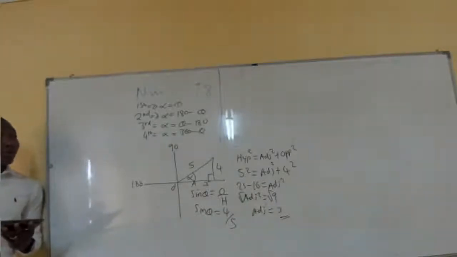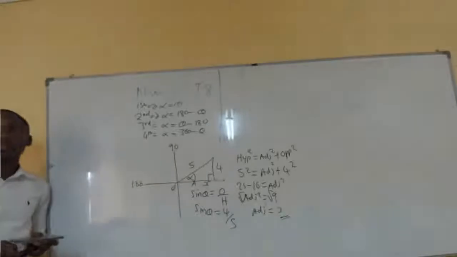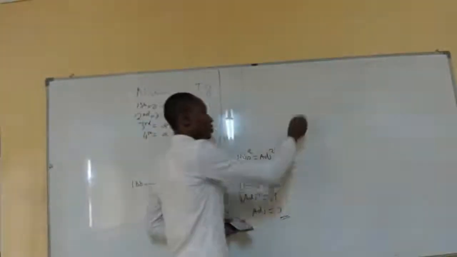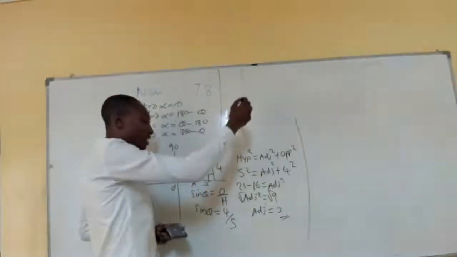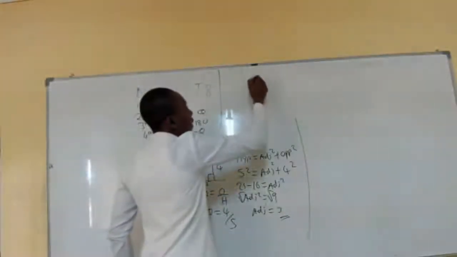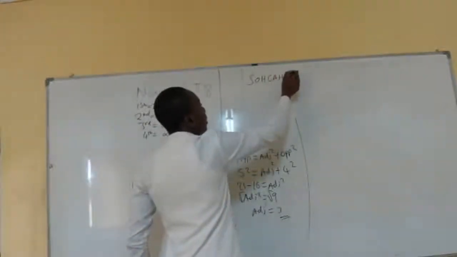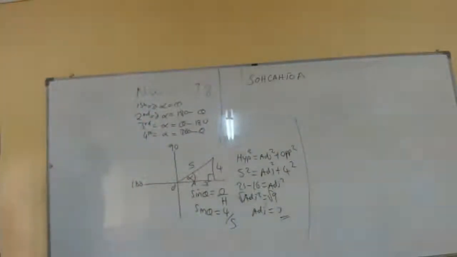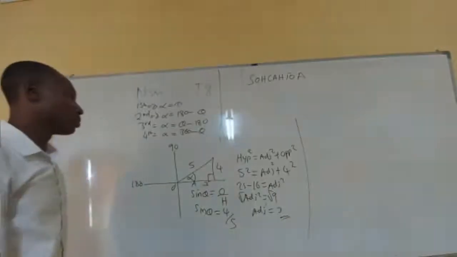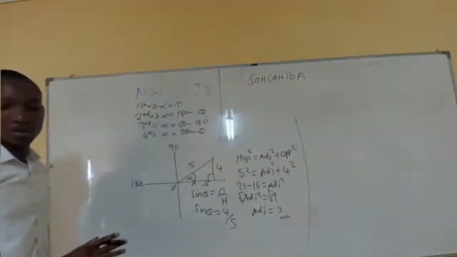But we are not done. We've been asked for the other trigonometric ratios. Now that we know our adjacent side, can we find the remaining trigonometric identities? I'm going to make reference to SOHCAHTOA.